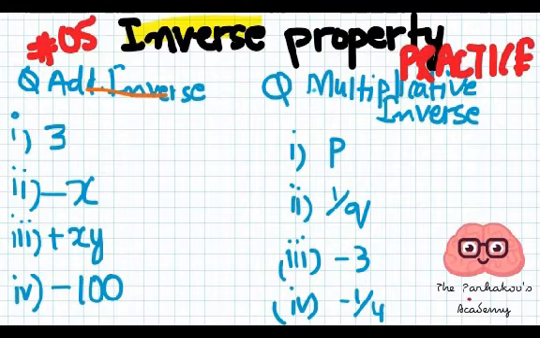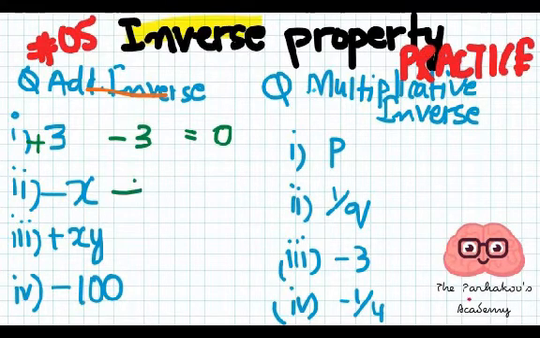So additive inverse is anything which, when you add it, would give you 0. This is one way you can understand it, or the other way is the opposite of that number. So here we have positive 3, so the opposite would be negative 3, right? So when you add them together, it would give you 0.